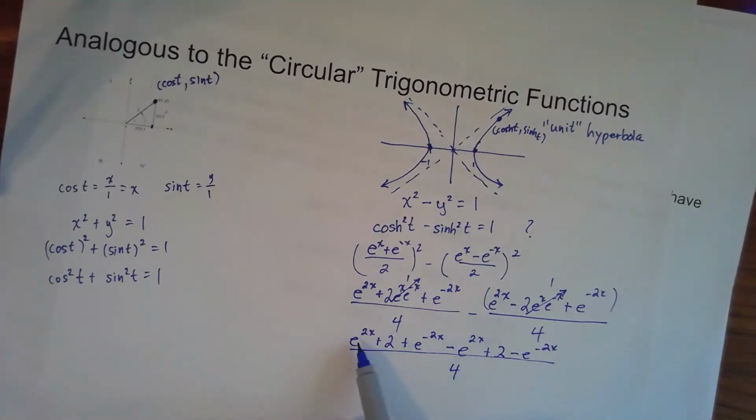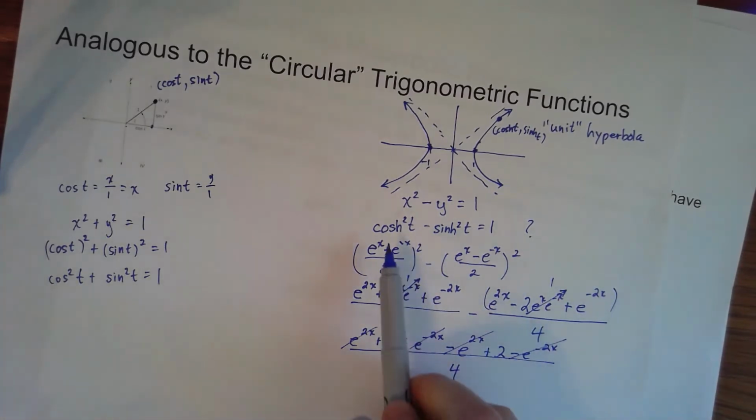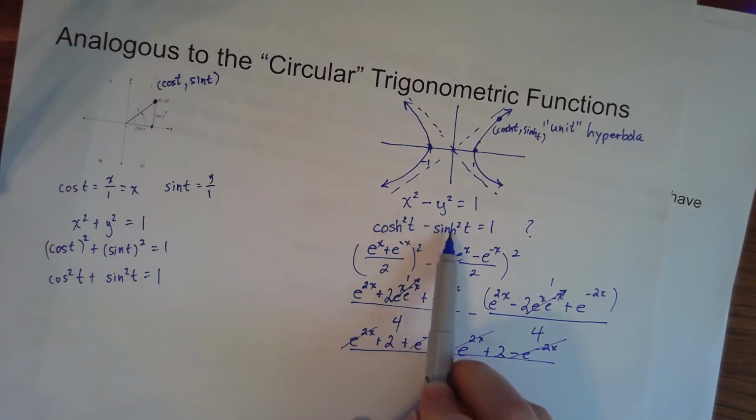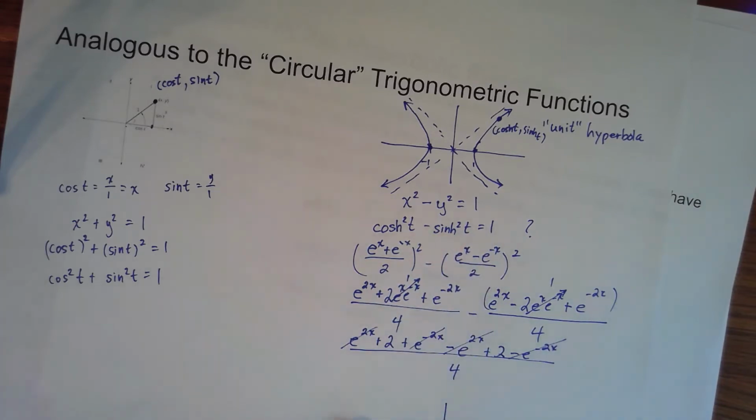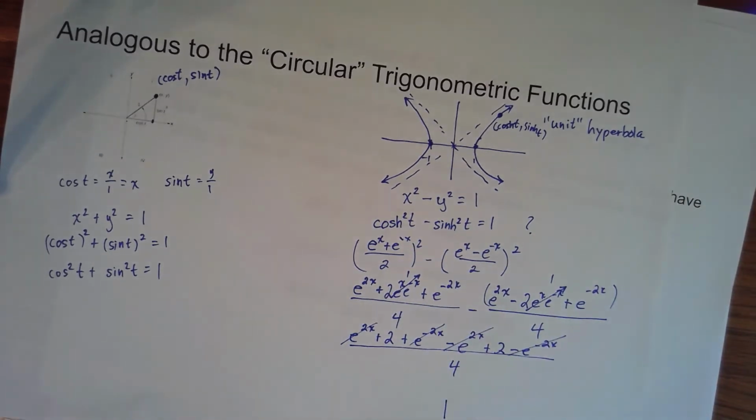So we have an e to the 2x minus e to the 2x; those go away. We have an e to the negative 2x minus e to the negative 2x; those go away, and we end up with 2 plus 2, which is 4 over 4, which is 1. So yes, indeed, we do get that the hyperbolic cosine squared minus the hyperbolic sine squared is equal to 1. That is our hyperbolic trig identity.